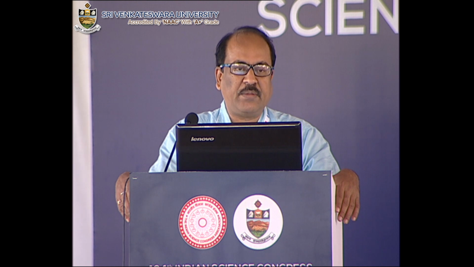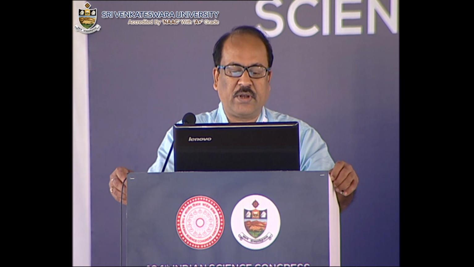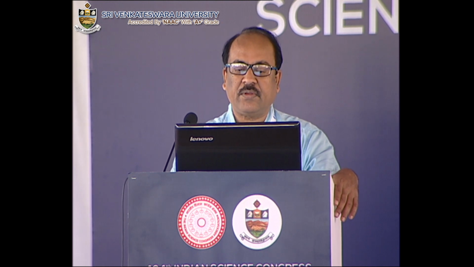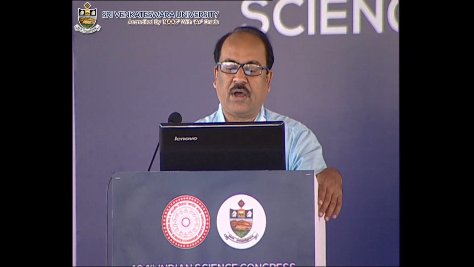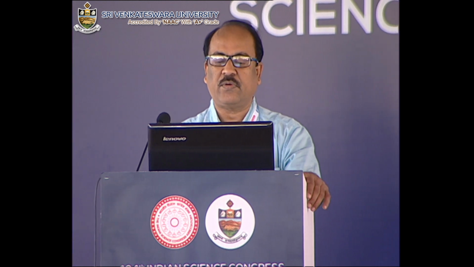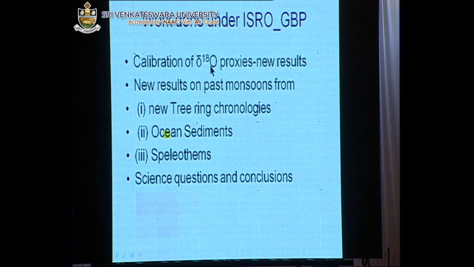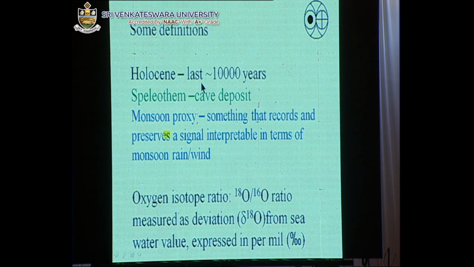So proper calibration is important, and we use oxygen isotopes, which is delta 18O. I will explain what this is. We measure oxygen isotopes and use this as a proxy for monsoon rainfall, and I will discuss some new results on past monsoons.